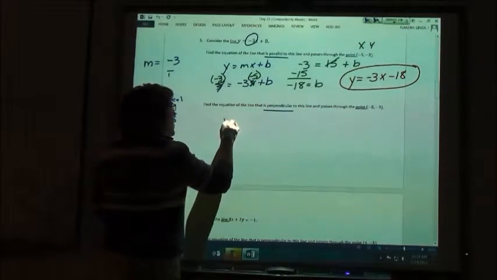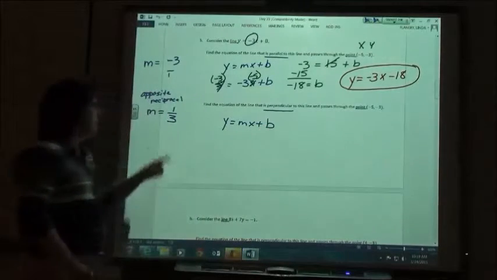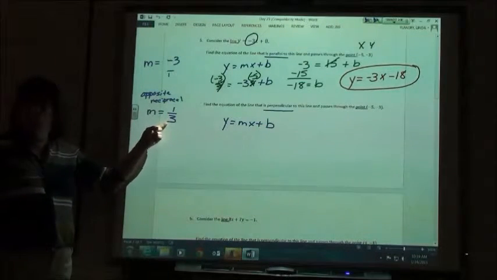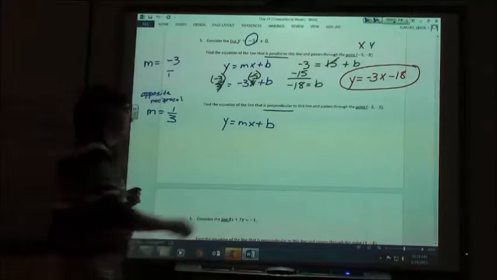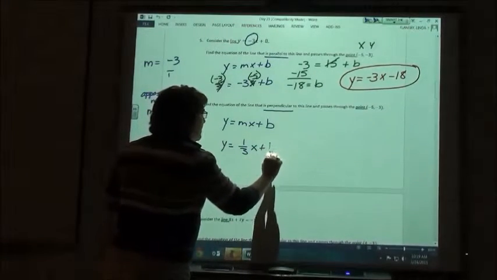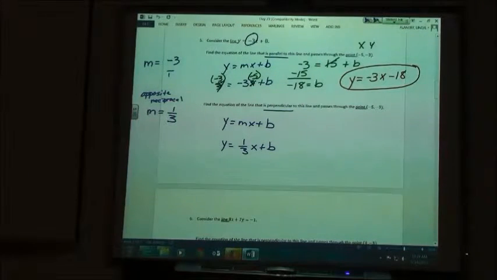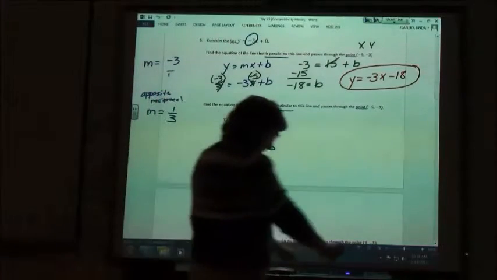So, if y equals mx plus b, and we know this time we should use 1/3 for the m, then y is going to equal 1/3 x plus b, right? Okay, so now we got to put in our x and our y.